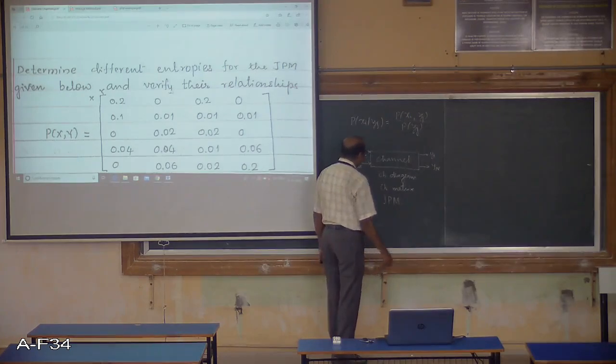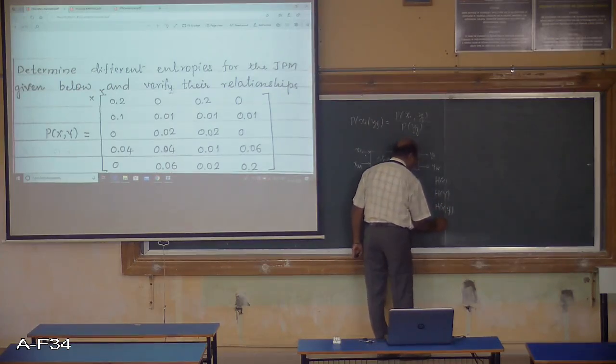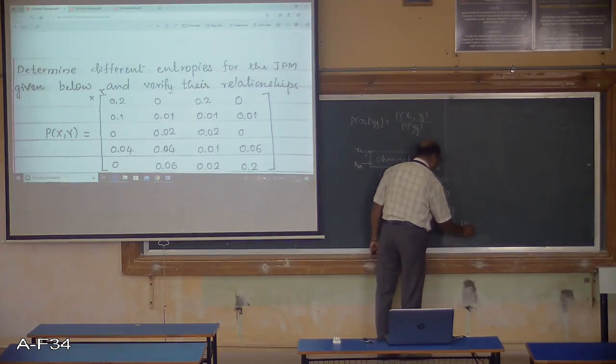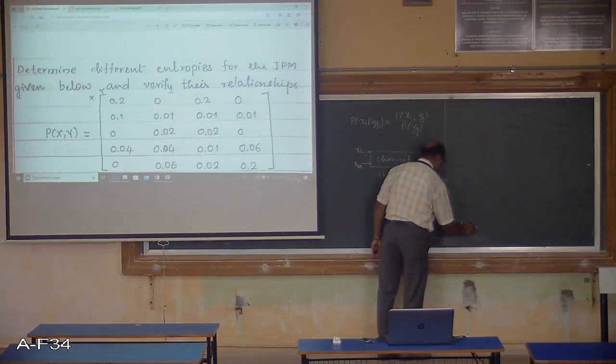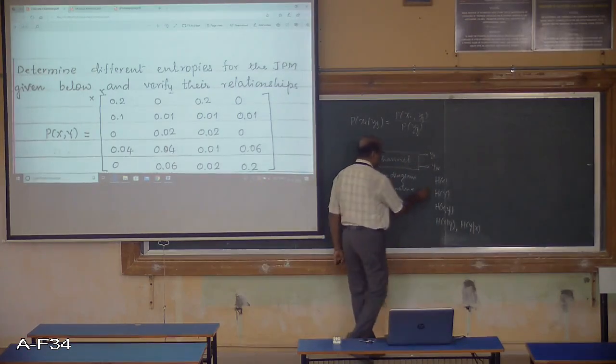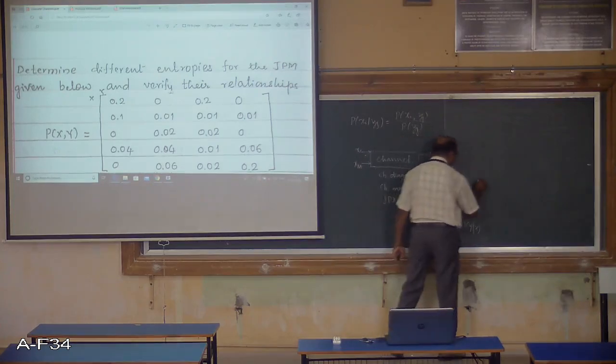And associated with every channel, we have entropy functions h of x, h of y, h of xy, joint probability, and conditional probabilities x given y and y given x for entropy functions.